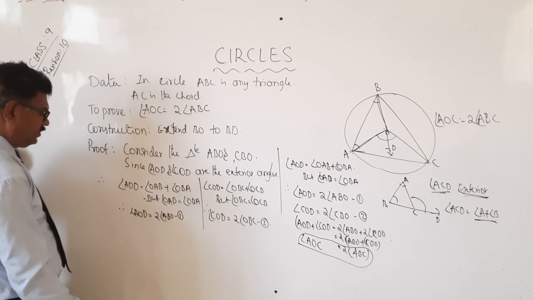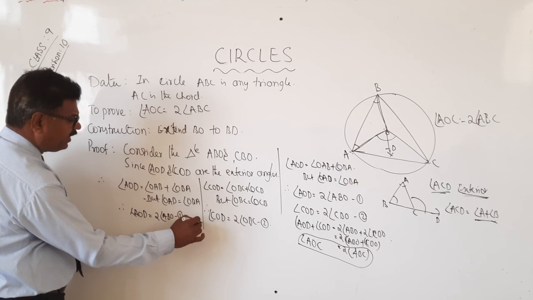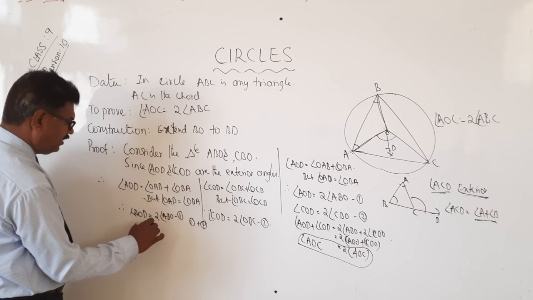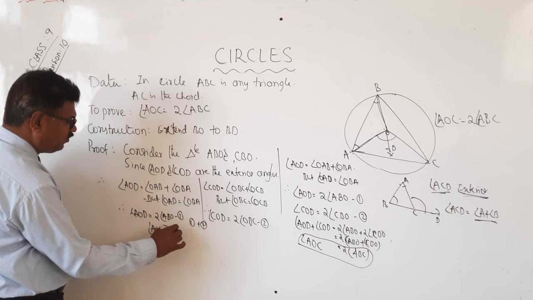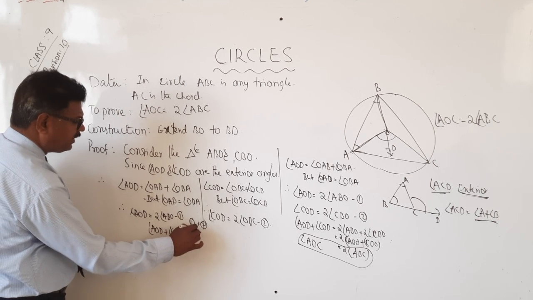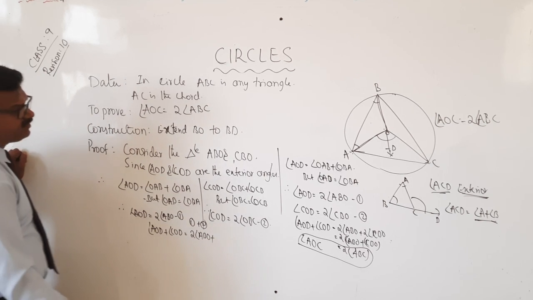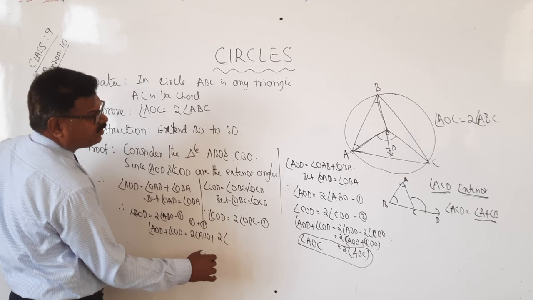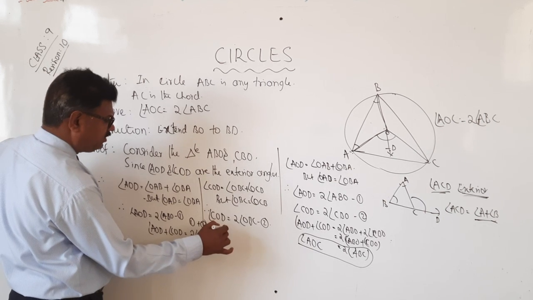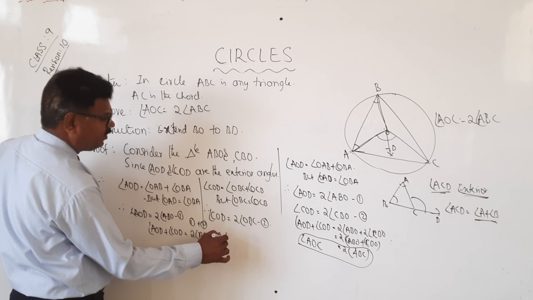Now, adding these two, 1 plus 2, we get angle AOD plus angle COD equal to 2 times angle ABO plus 2 times angle CBO or OBC, one and the same.